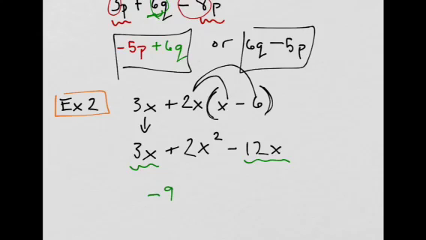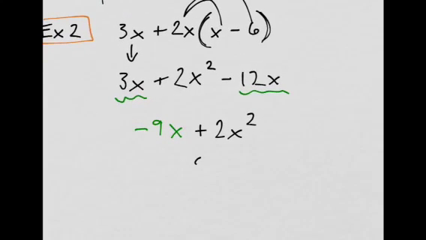Negative 9x. And then plus 2x squared. You could also write those in either order, or you could write 2x squared minus 9x.